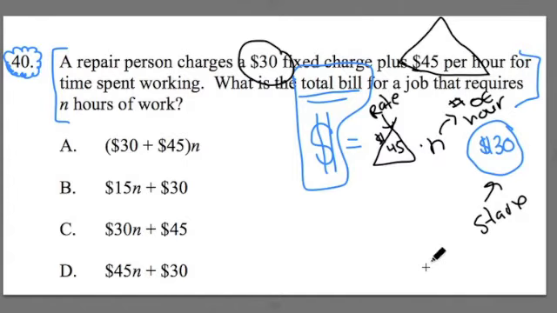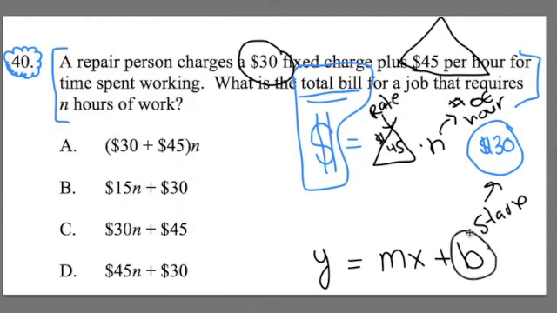It should look familiar. This is the structure of a linear equation, right? We have y is equal to mx plus b, where m is your slope. Now b is your starting point. When x is 0, b is your y-intercept. It's where you start on the y-axis.